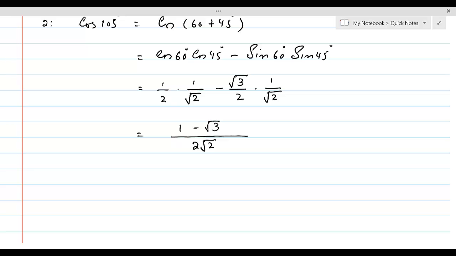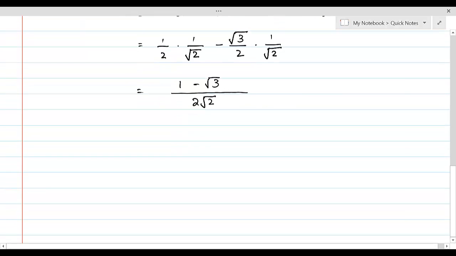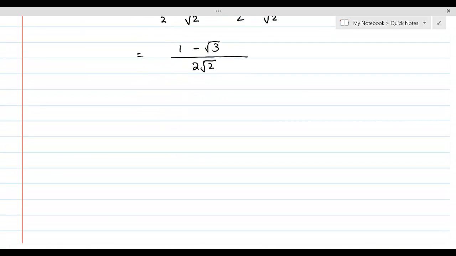So let's go to the next question, which is: express 12 sine theta plus 5 cos theta in the form of r sine of theta plus phi.